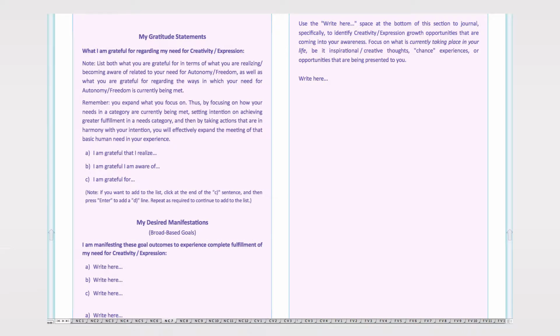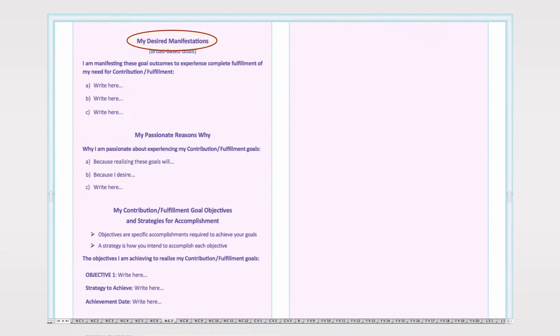Because of the importance of I am statements, you will also notice them in the gratitude statements, what I am grateful for, the desired manifestation statements, I am manifesting, in the passionate reasons why statements, why I am passionate about, and in the my goal objective statements, the main objectives I am achieving.